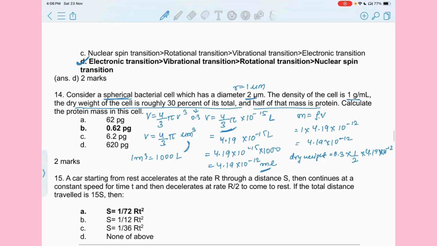Here 10 to the power minus 12 is in pico, so it will become approximately 6.2 picogram. That's option number B.